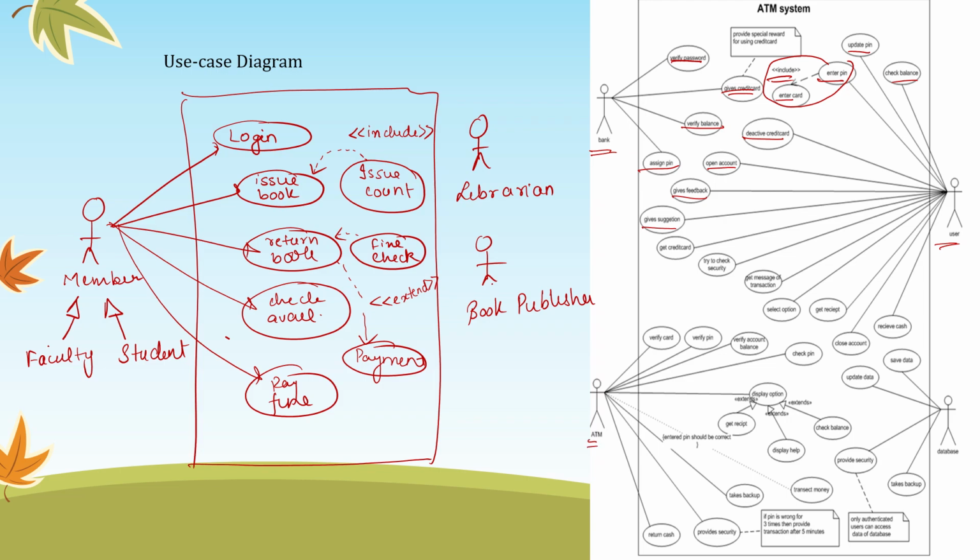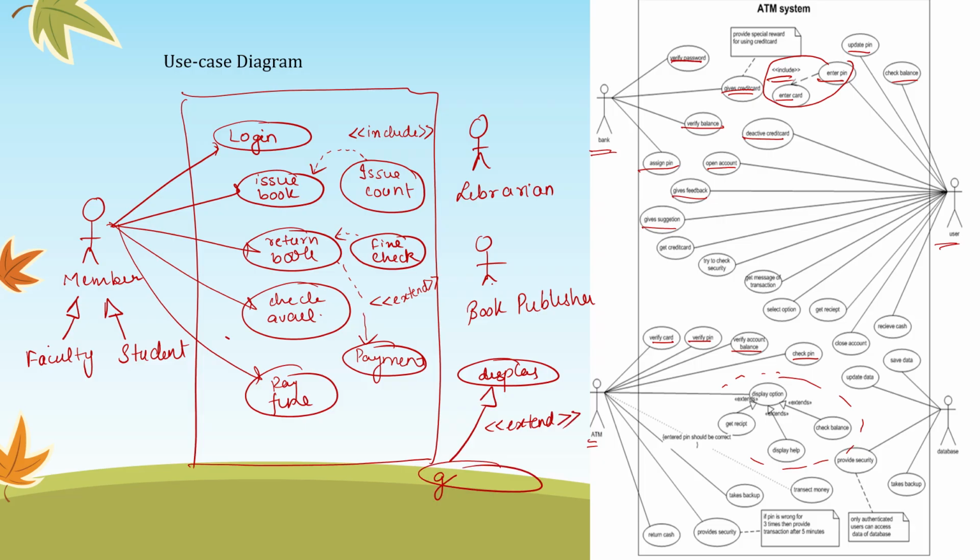Now ATM will verify your card, verify PIN, balance, check PIN. In display option, you can see extend is used. Like I'll show display, then like this, and it is written extend. Why? It is not necessary that it will display.